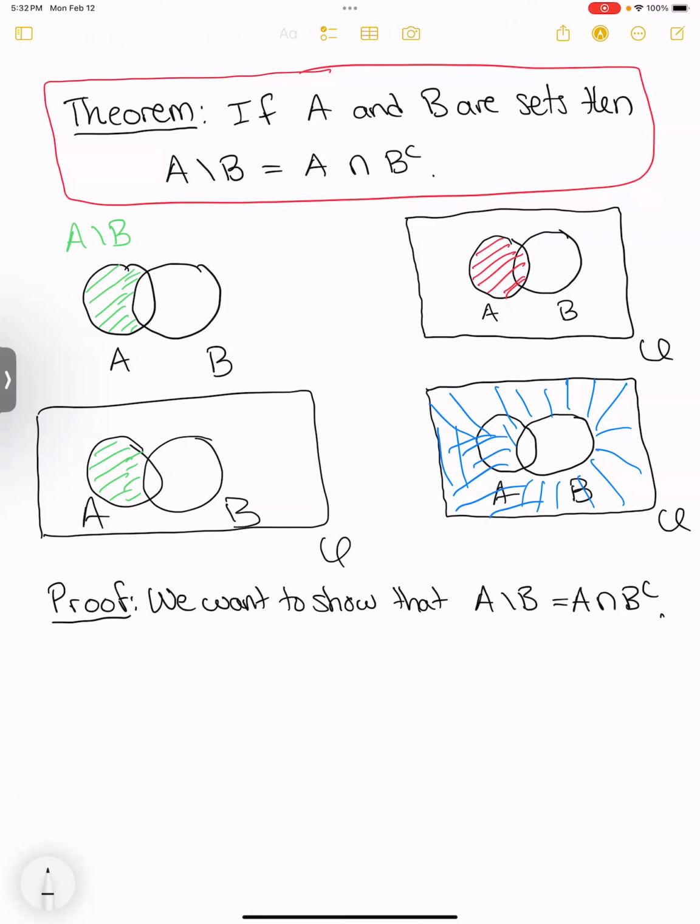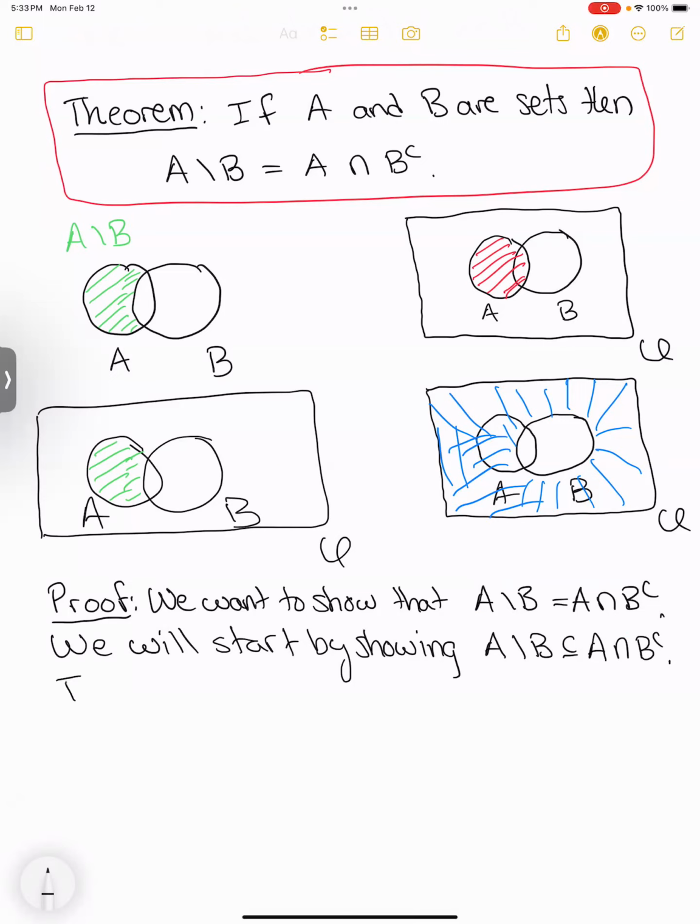And at the beginning of this video, I mentioned that there's a strategy for doing that, right? So we will start by showing that A set minus B is a subset of A intersect B complement. That's our starting place.